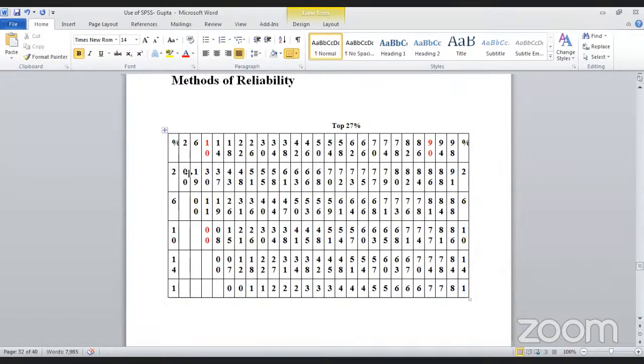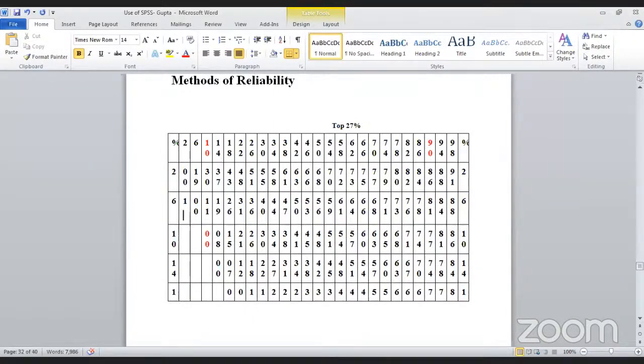2 and 2 is 0, 2 and 6 is 0.18. Then 2 and 6 will be what? It is a correlation, so it will be again 0.19. Okay, so 2 and 6 is 0.19, 6 and 2 is also 0.19.